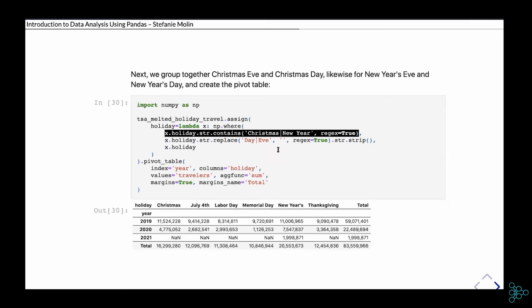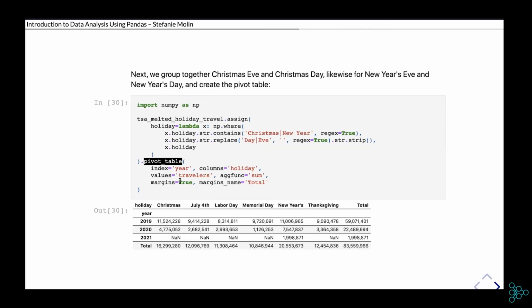This is our clause: if the holiday contains Christmas or New Year, using a regular expression, we are going to replace the word Day or Eve with an empty string, and then remove any white space by stripping it out. Otherwise, if it didn't contain Christmas or New Year's, we're just going to return the holiday. We're going to leave it alone.